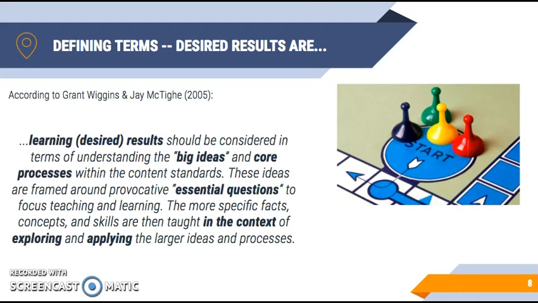The definition talks about desired results being about big ideas, core processes or skills based around essential questions, that in the context of content, students can explore and apply, so that content becomes the vehicle by which desired results are achieved.